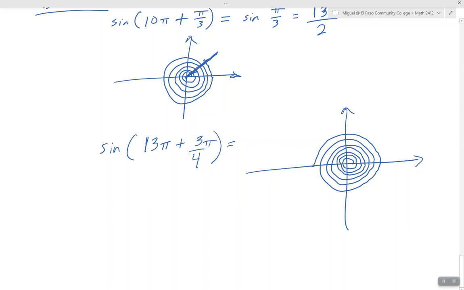So what quadrant would that put me in? Notice if I go all the way around again, that's 1 pi, and 3/4 pi is less than 1 pi. So I would put us somewhere over here. Does that make sense? So our angle would be somewhere here.